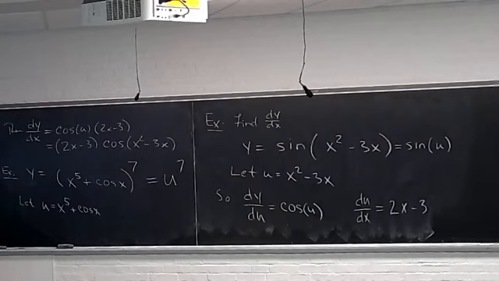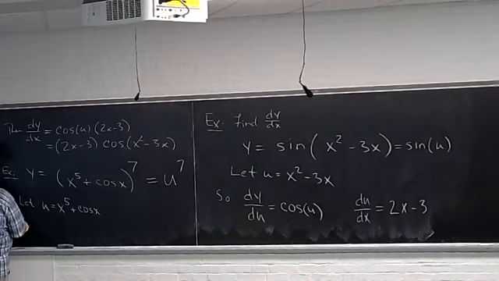Notice in all of these examples we've done and all that we will do, once we make our u substitution, we're back into derivatives that we could have taken yesterday. And that's really what chain rule does. It reduces taking the derivative of a composition to applying derivative laws.